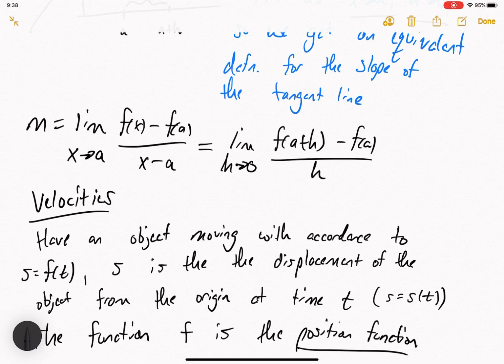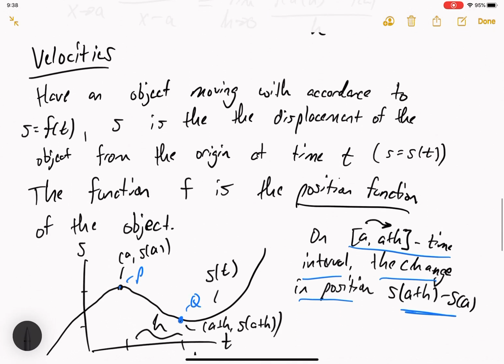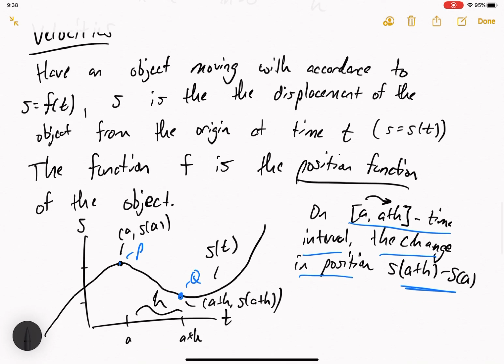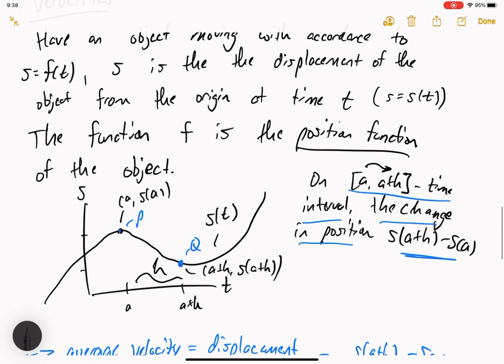And whenever we talk about that in terms of the velocity problem, like we did in 2.1, we need to say a function s, where we have an object moving, and we can track how far it's moved by some function. That function measures its displacement at a certain time, and we call that function the position function.